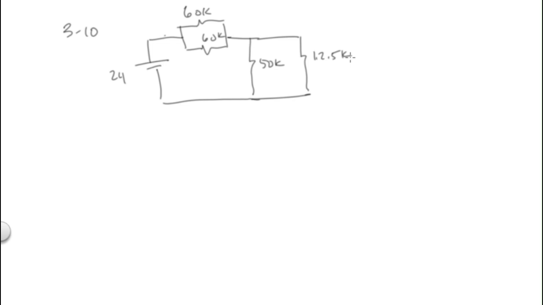Okay, so here we go. We do the Thevenin. The Thevenin was 30, it was 5/8, or 15. So we have a supply voltage. Our V Thevenin is 15, and our R Thevenin was 30 times 50 divided by 80, or 18.75K, right?